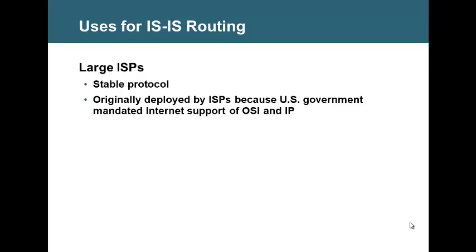And in the early days, the US government was also making it a mandate that every service provider should have ISIS. And ISIS was modified to support the industry standard OSI and the protocol IP.